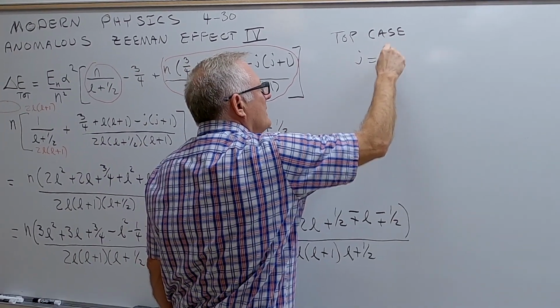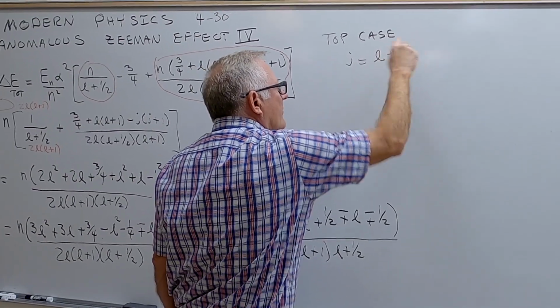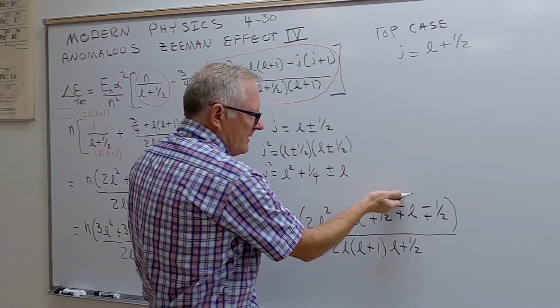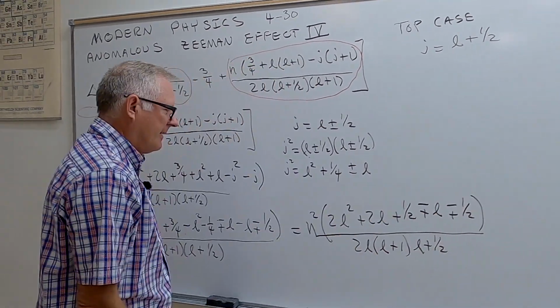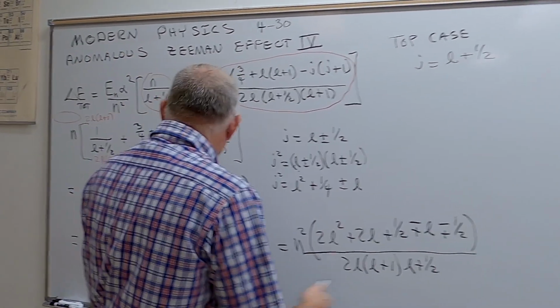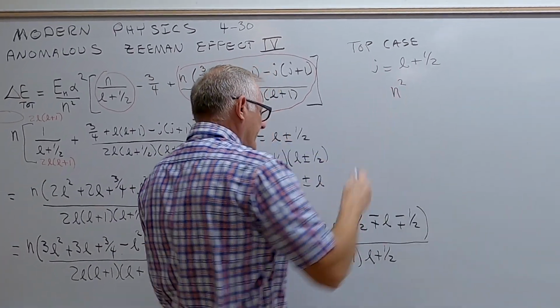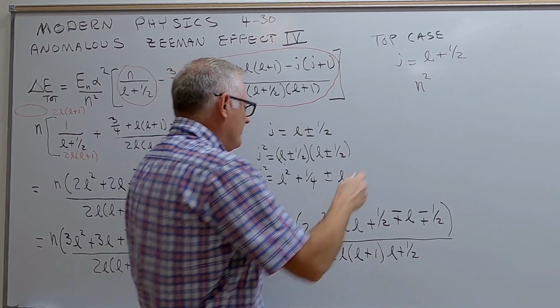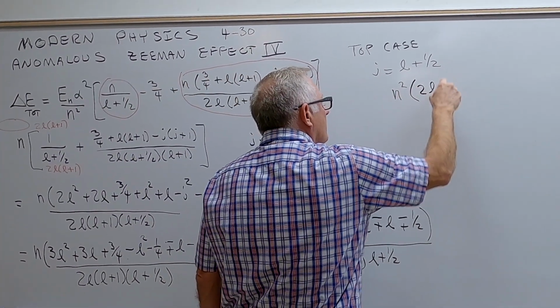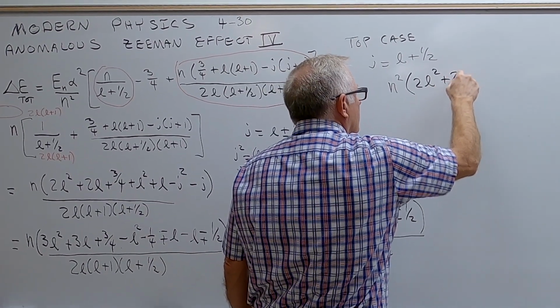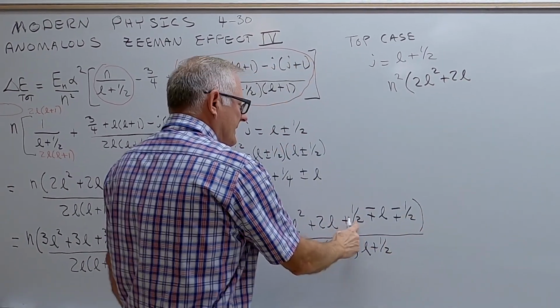For that case, we would use the top plus and minuses right there. So this whole thing becomes N squared, 2L squared plus 2L plus a half.